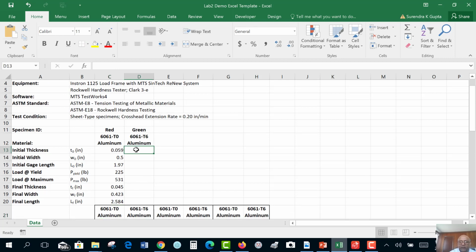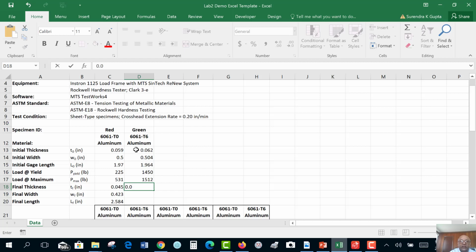For the green sample, thickness 0.062, width 0.504, length between the gauge marks 964. Here our yield load 1450, maximum load 1512.